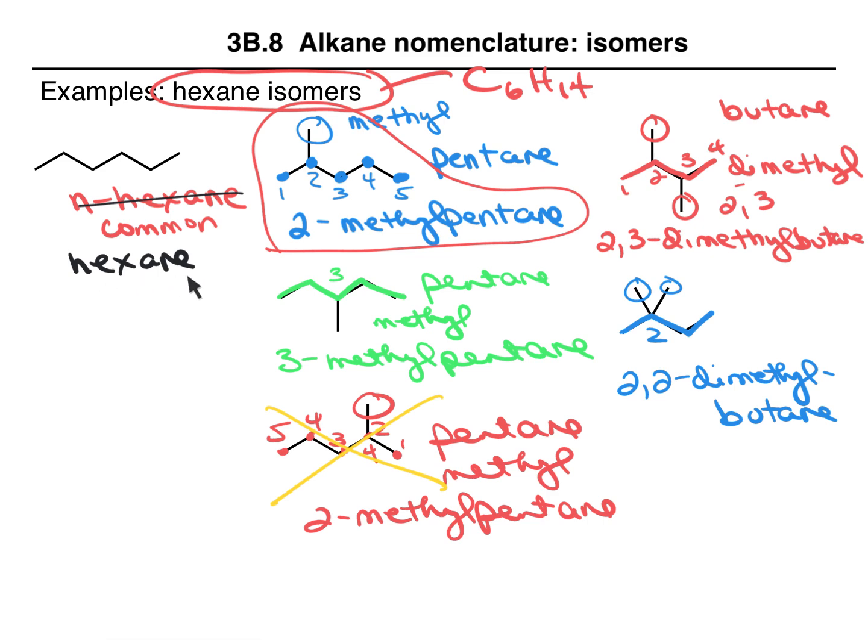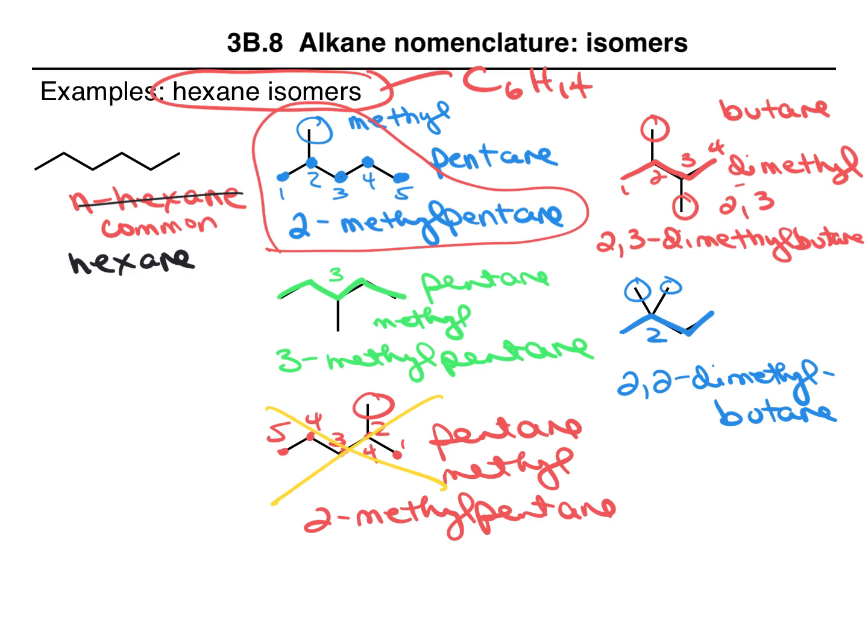Here, when I say hexane, now I am referring to this specific compound, and hexane is the IUPAC name. So just be careful that you are thinking about hexane as the IUPAC name for this compound versus hexane as more of a descriptor referring to the C6H14, referring to any or all of these compounds.